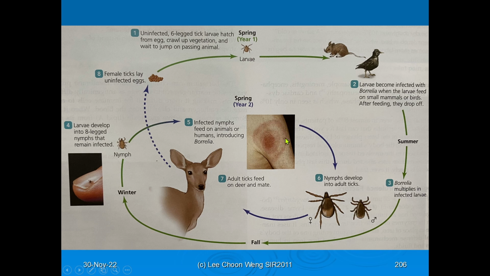So humans will form the rashes, then whenever the ticks have fed, they drop off and continue to mate and lay eggs, and the cycle continues. And the ticks are very small and can be difficult to diagnose.